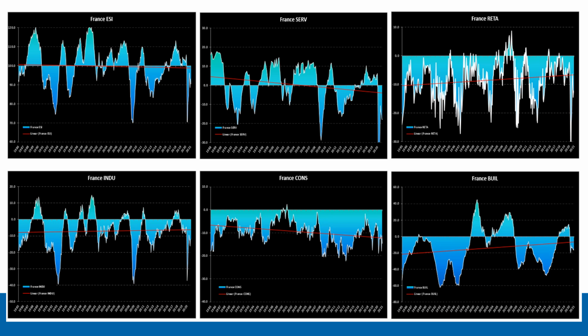Post the positive surge in sentiment after the global financial crisis, we get French manufacturing in 2010-11 going below the 100 level, and then it takes all the way up to basically 2016, 2017 to get back into positive sentiment again, and then in 2018 it goes negative.